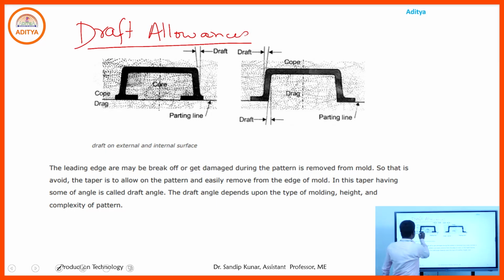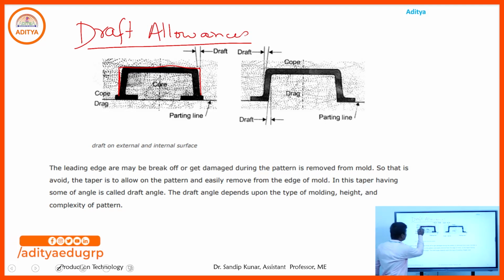If we take a straight line on the pattern, meaning no taper is provided, and it is placed in the molding box, then we add the molding sand material with some additives mixed in. When the mold cavity is formed, we want to remove the pattern.